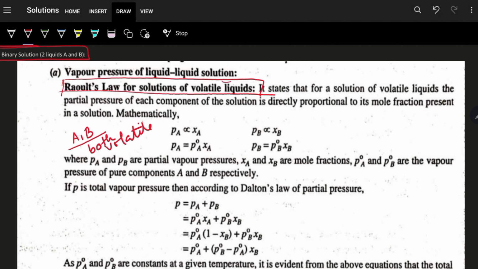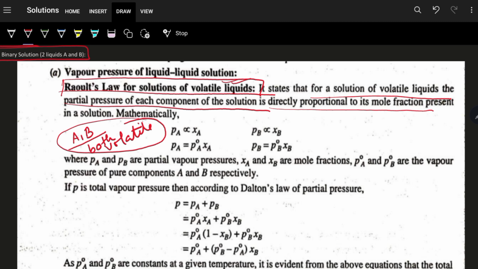For solutions of volatile liquids, that means assuming that A and B both are volatile in nature, as per Raoult's law, the partial pressure of each component of the solution is directly proportional to its mole fraction. Why are we talking about partial pressure?